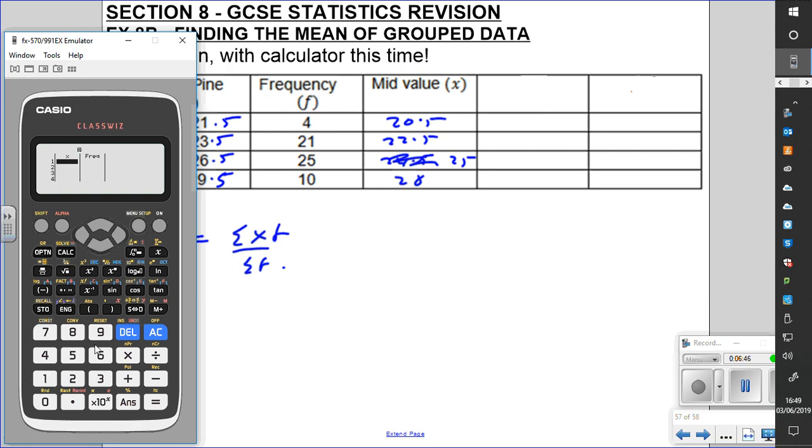It says X here, so X are midpoint values, so 20.5 and 22.5 and 25 and 28. I really hope this works because otherwise we've got to do the whole video again. That would suck. And then we've got frequency 4, then 21 for frequency, 25 and 10. Cool. Then we press options and then one variable counts, which is number 3.